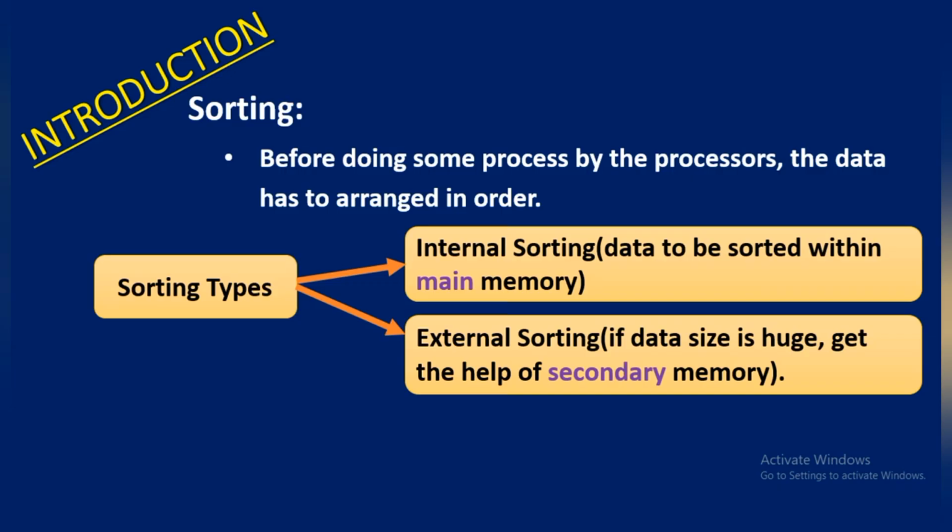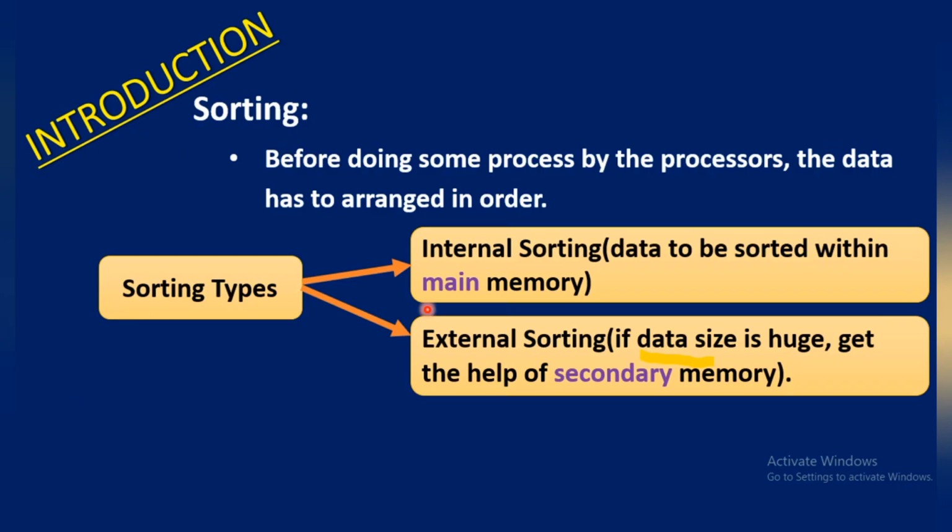Next is external sorting. So what is called external sorting? If the data size is very huge, we get the help of secondary memory. Suppose the data size is very enormous, right? At that time I must get the help of some secondary memory, for example a pen drive or CD drive and so on, in order to store that data, so that accessibility can be done in an easier manner.